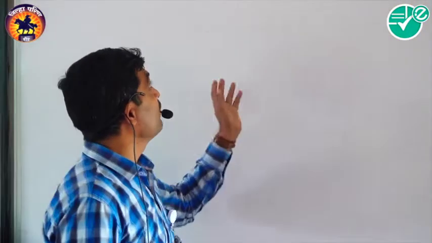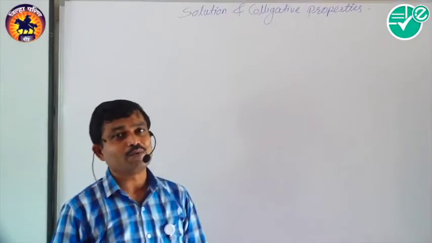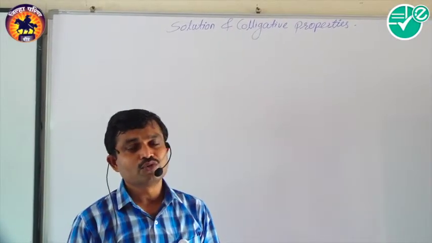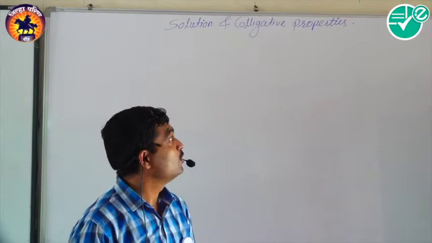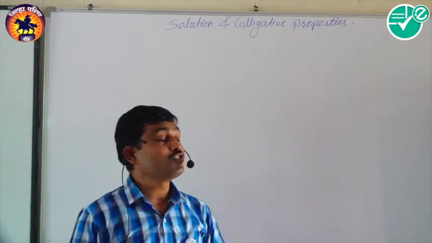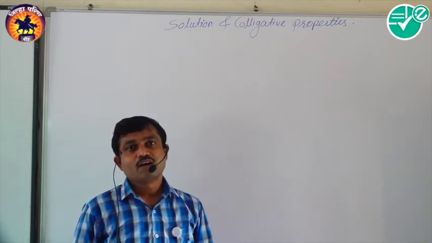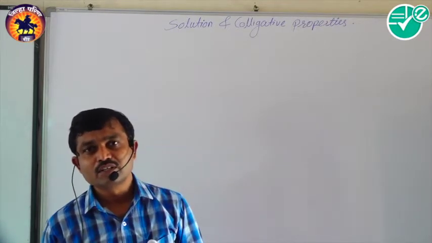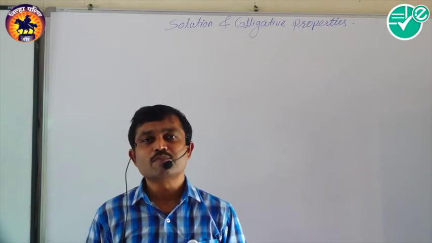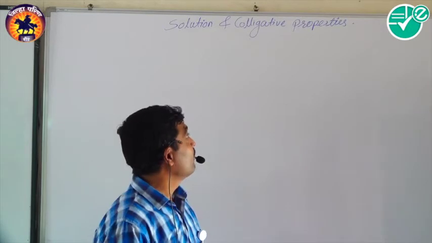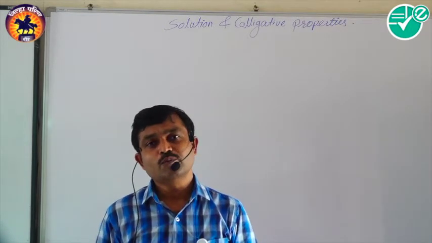In this chapter, solution and colligative property, we discuss the solution, and the colligative property. The property which depends upon the amount of the component, or the property which depends upon the particles present, is called a colligative property.